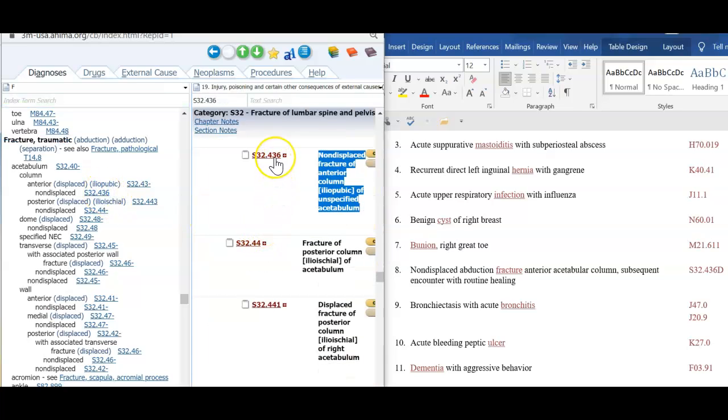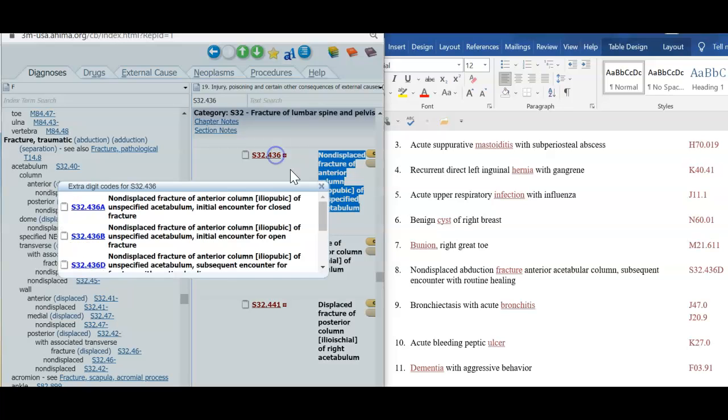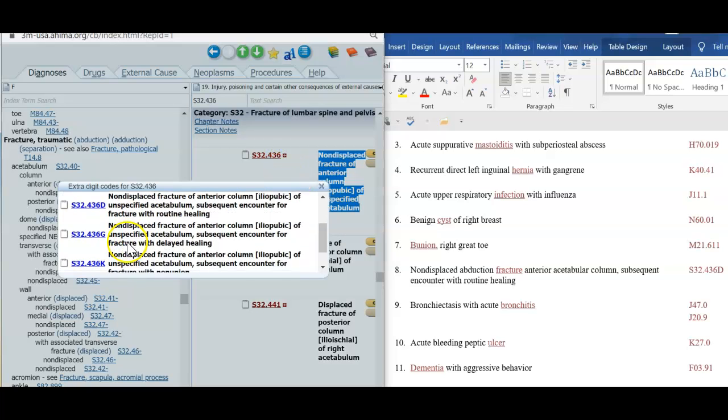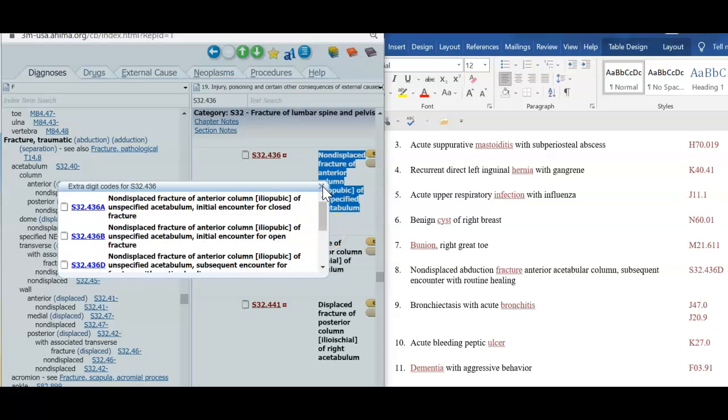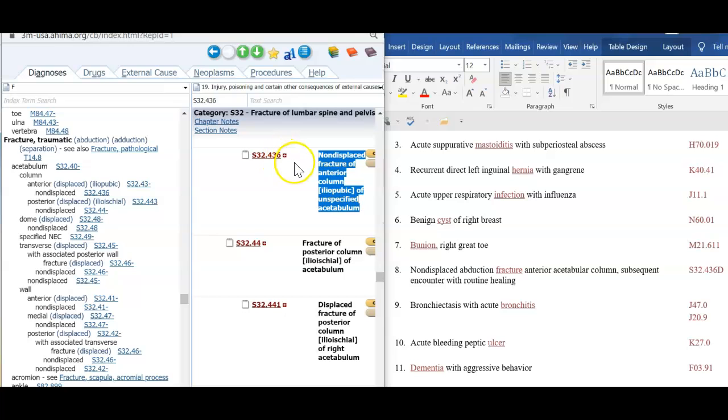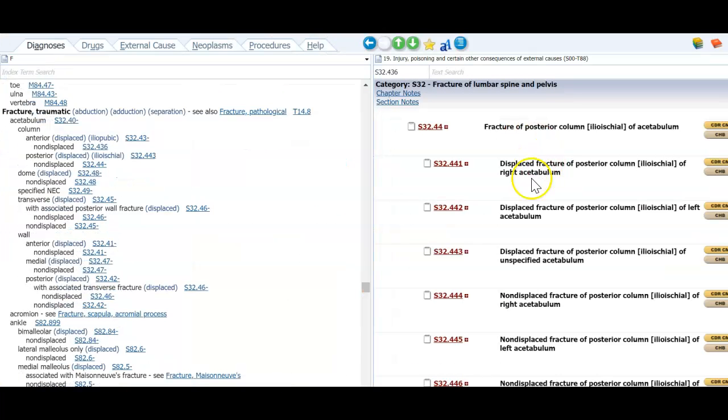So let's go to the tabular. A lot of students forget the 7th character. This is why it's very important to go to the tabular. This is something you would get wrong on the exam. So if I click on to S32.46, I know that this is subsequent, but how do you find that 7th character? Let me expand this.